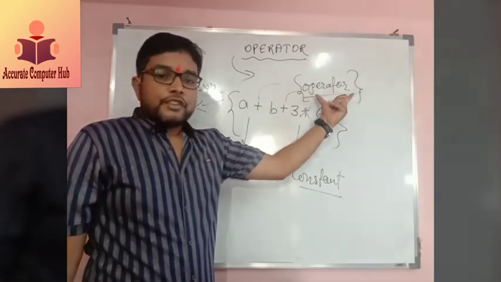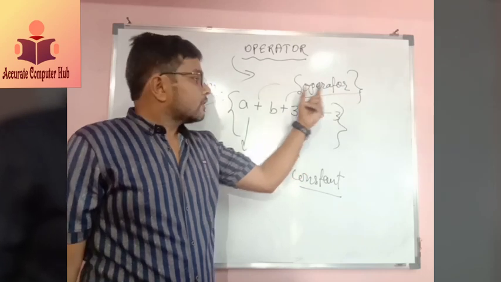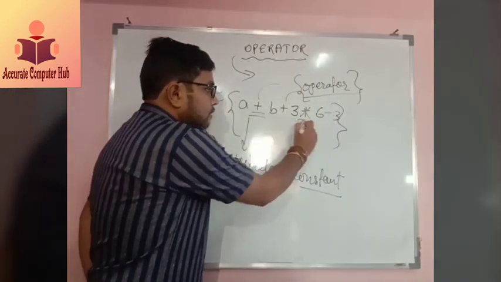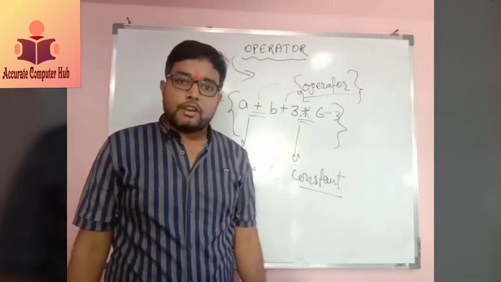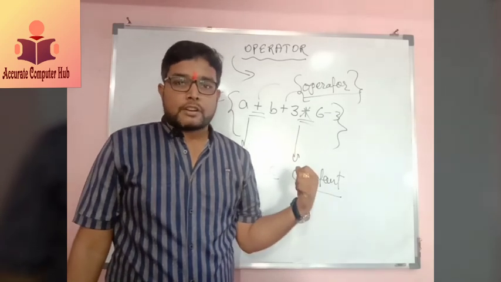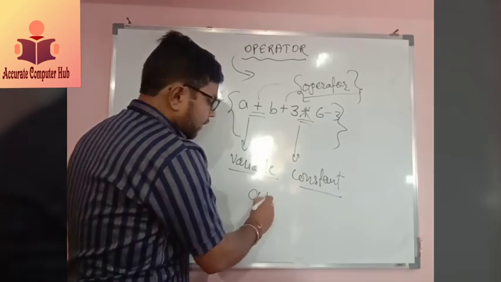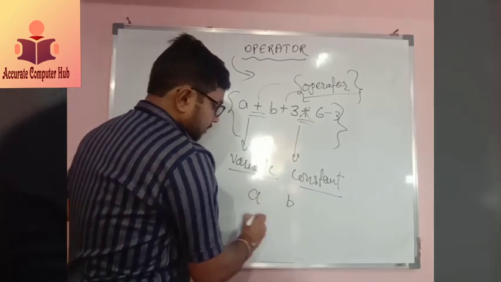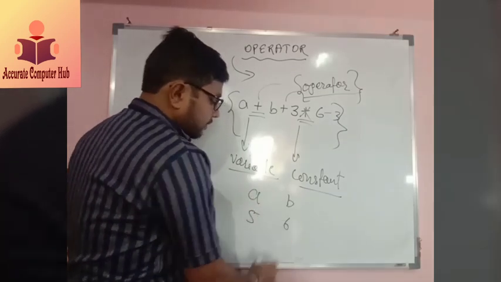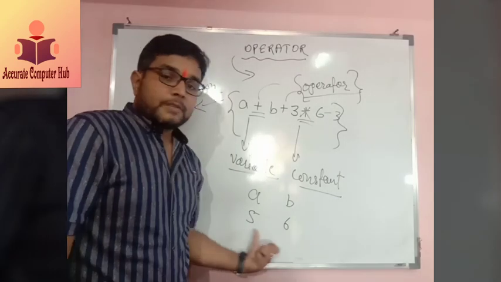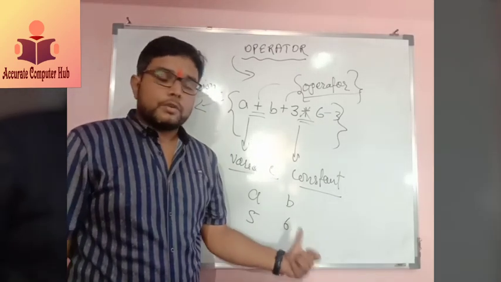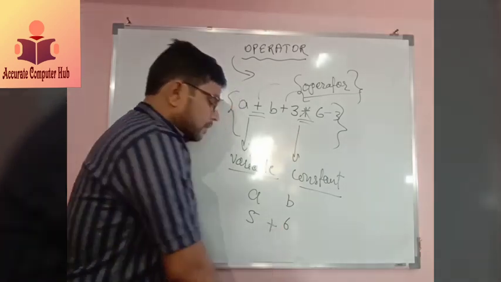First you have to know the definition of an operator. The signs or symbols we use to perform any operation are called operators. For example, if you have the values 5 and 6 and you want to perform the addition of 5 and 6, then what do you need? You need one plus sign.